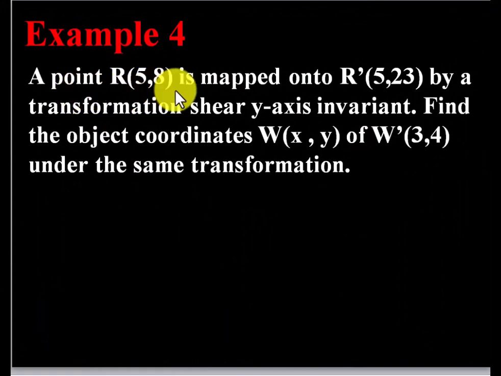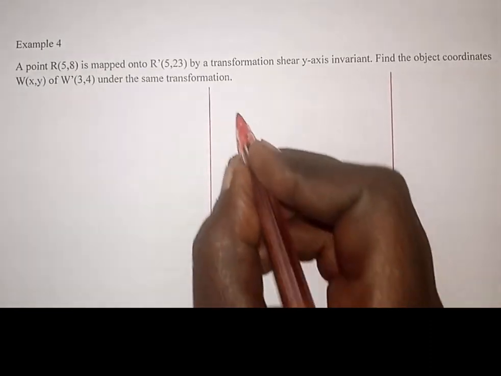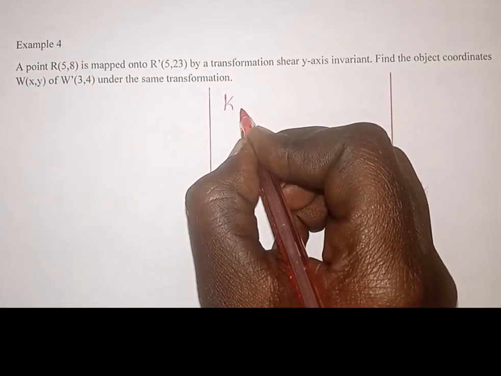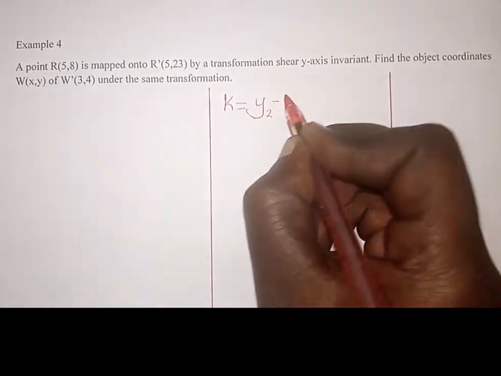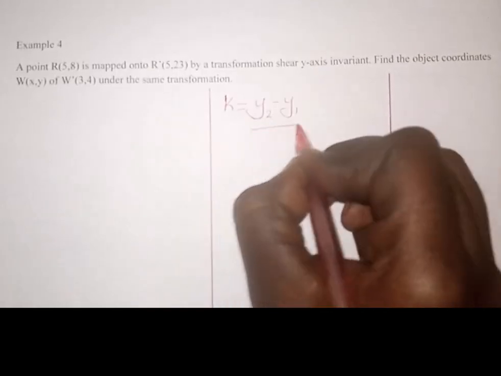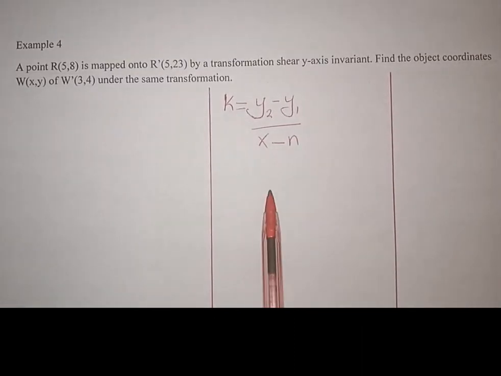Example 4. A point R(5,8) is mapped onto R prime (5,23) by a shear transformation, y-axis invariant. Find the object coordinates (x,y) of W prime (3,4) under the same transformation. For the y-axis invariant, K, which is our shear factor, is given by (y2 minus y1) over (x minus n), where n is the invariant line.